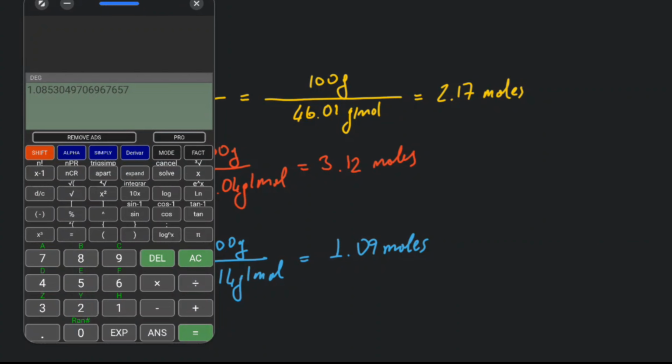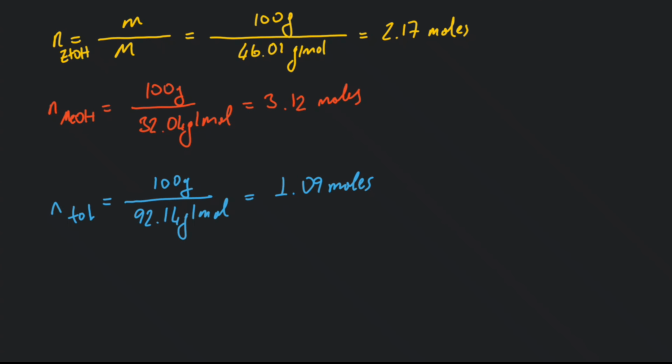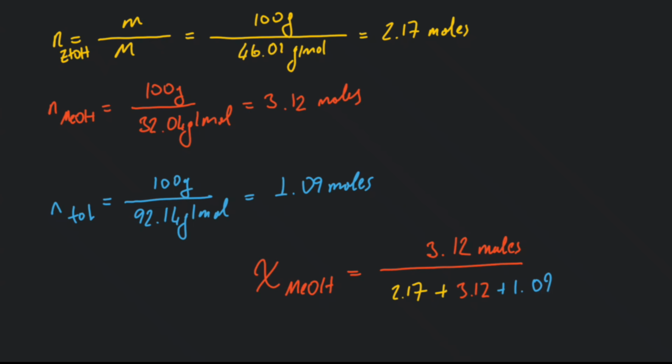So if I want to calculate the mole fraction of one of these, for instance, methanol, it should be equal to 3.12 moles over 2.17, which is the moles of the ethanol, plus 3.12, which is the methanol, and 1.09.